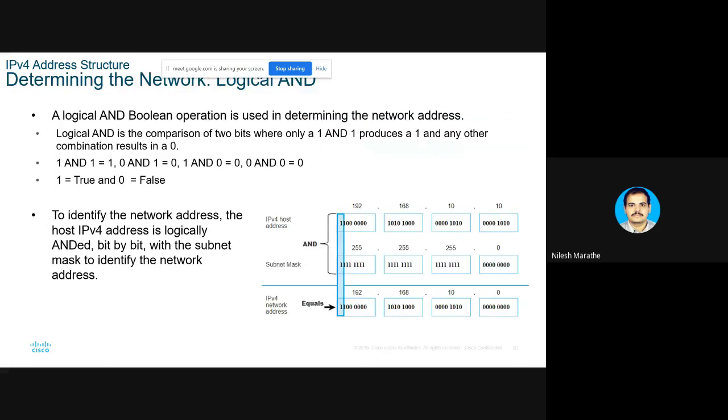So determining the network uses the logical AND operation, so that they can find out the network ID and the host ID. So do you want to do the AND? Once you understand clearly, you can easily do this.